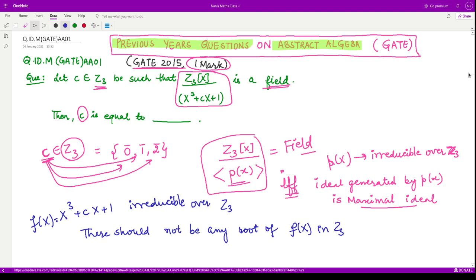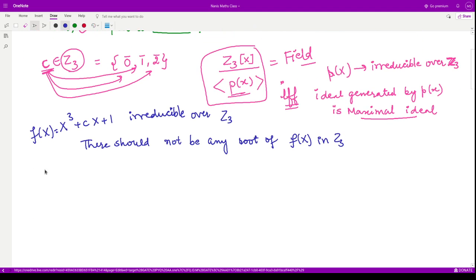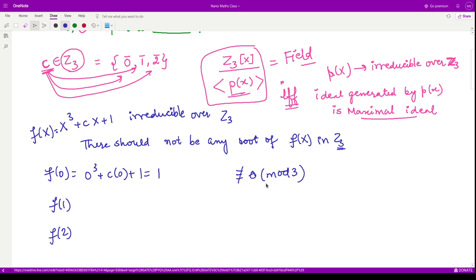So if we substitute, f(0) should not be 0 mod 3, because we are in Z3, and similarly for f(1) and f(2). So if we substitute 0 over here, we have 1, which is obviously not equal to 0 mod 3. So this thing is true.